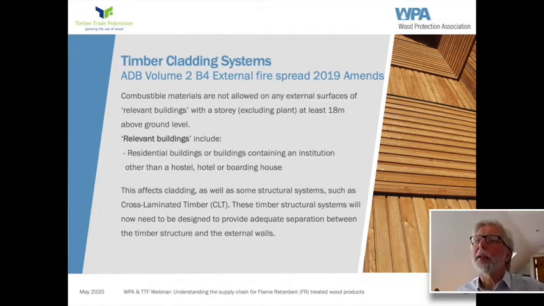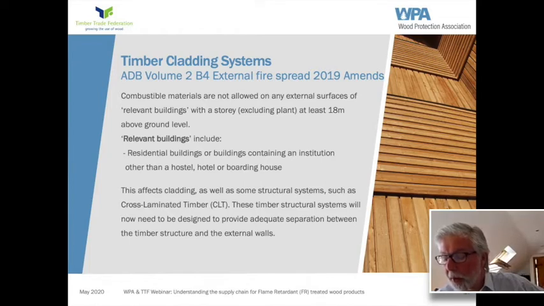Now, as I say, that affects cladding, but because the wording of Regulation 7 within the building regs says work should be carried out so that materials that become part of an external wall or specified attachment are of European classification A2, that's non-combustible.